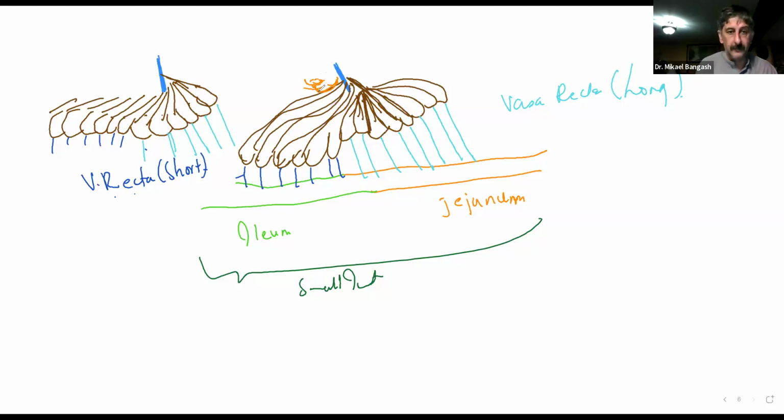This inferior pancreaticoduodenal artery also anastomosed with the superior pancreaticoduodenal artery, which was a branch of your gastroduodenal artery, which was a branch of your common hepatic artery, which was a branch of the celiac trunk.